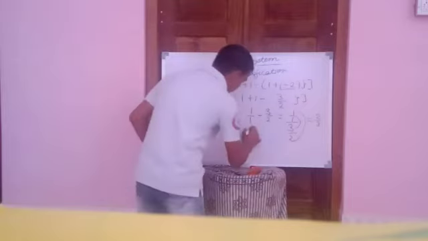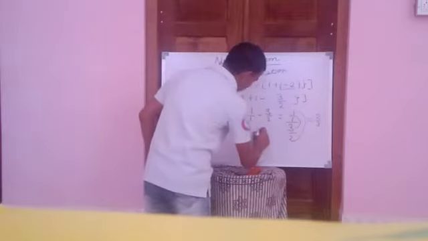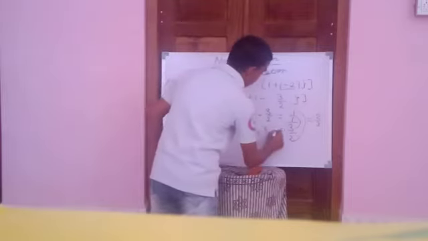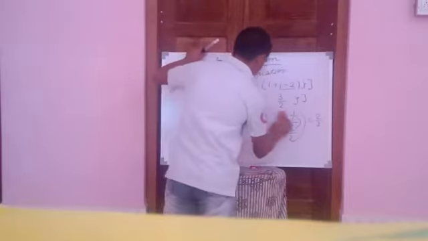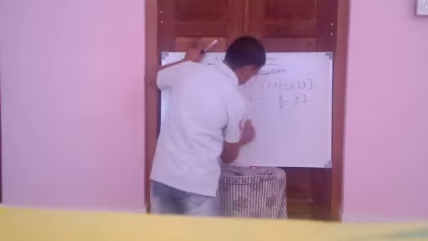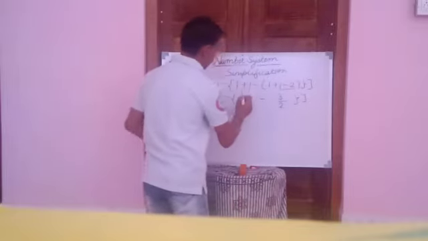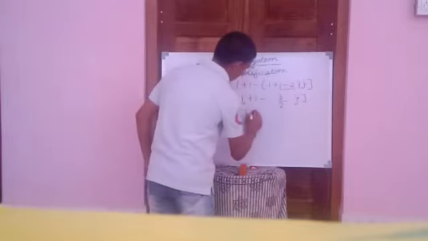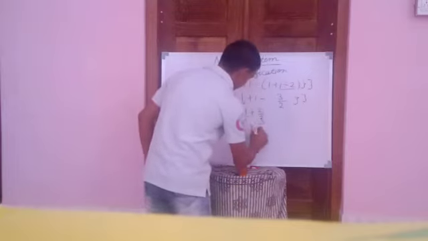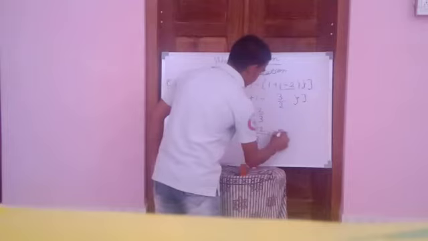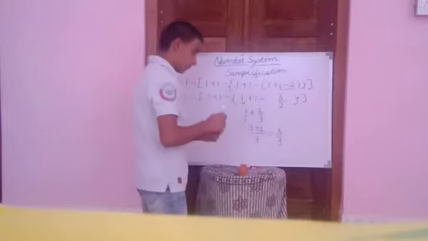Or we can just solve it by the simple method of inverting these digits. Our answer would be the same, 2 by 3. So let's add this 1 to 2 by 3. Our answer would be 5 by 3.